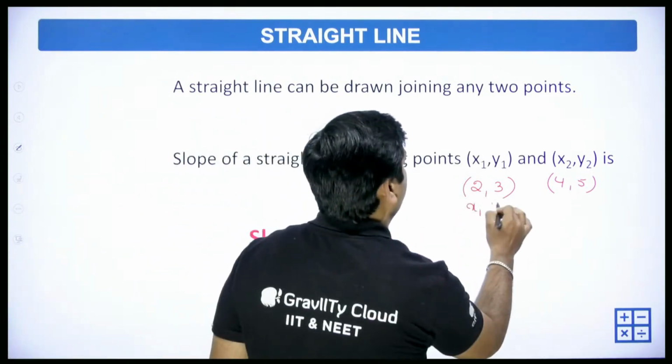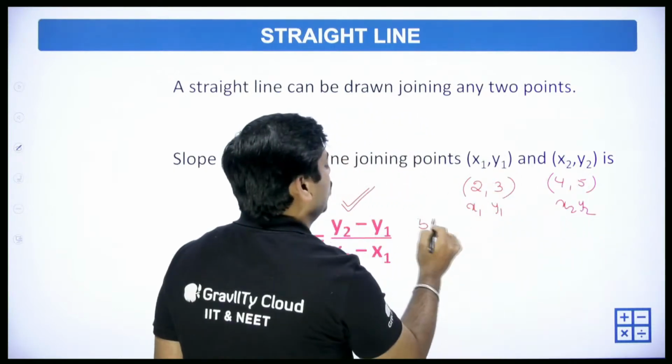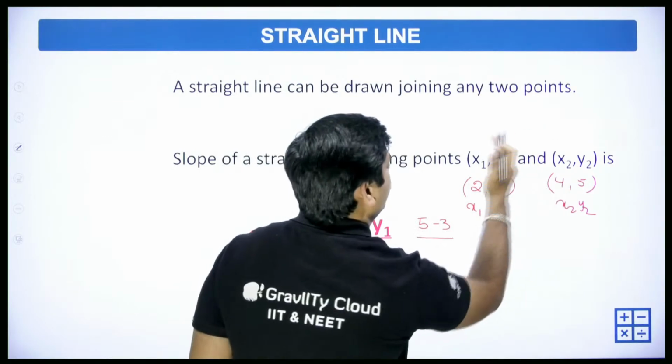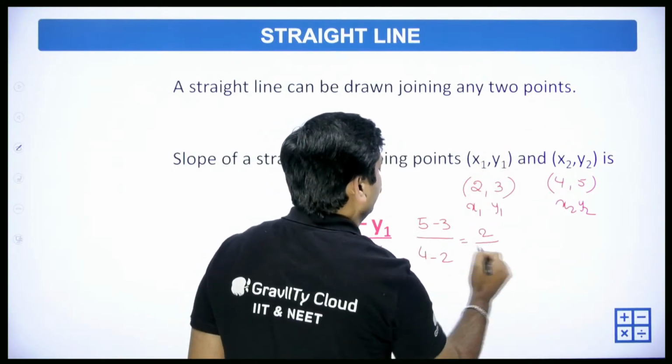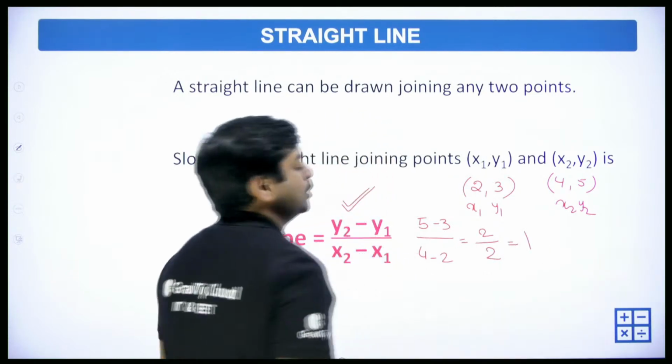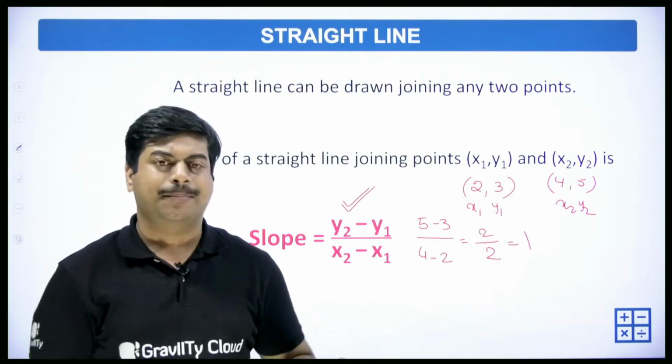This is x1, y1, this is x2, y2. So y2 minus y1 is 5 minus 3, by x2 minus x1, which is 4 minus 2. 5 minus 3 is 2 and 4 minus 2 is 2. So 2 by 2 is 1. That is how you find the slope of a line.